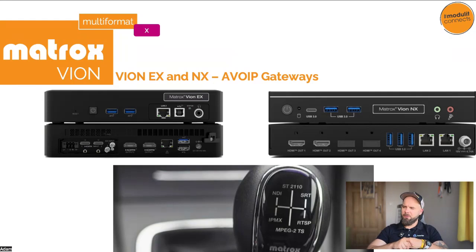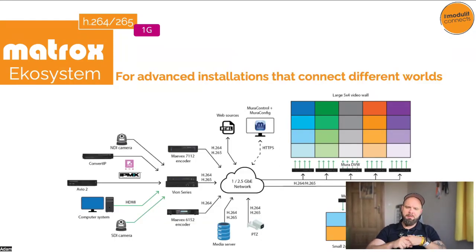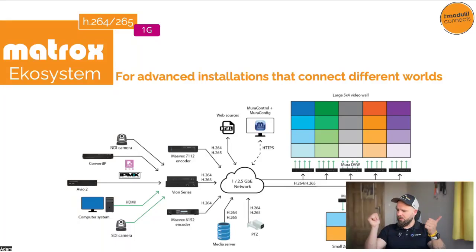And also coming from Matrox, we have some AV over IP gateways. So I believe this is the best representation. In the Matrox ecosystem, thanks to the Vion products, we can translate different AV over IP standards, such as NDI streams and ConvertIP, which is actually IPMX.